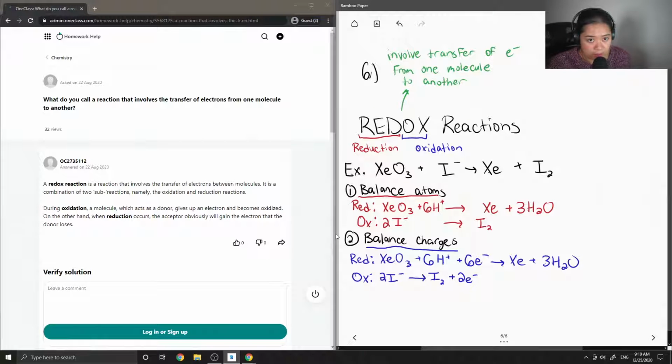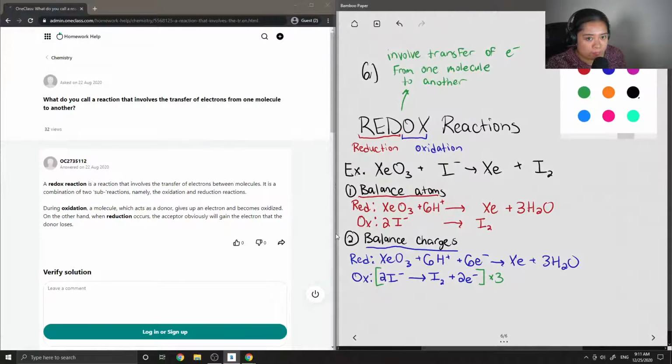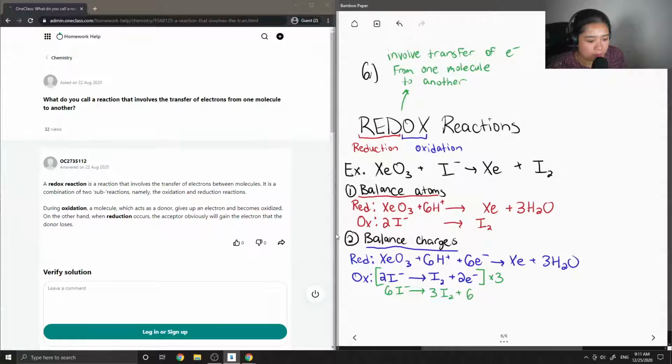So this is due to the law of conservation of mass. So we want our oxidation reaction to also have 6 electrons. So I'm going to multiply this whole thing by 3. By multiplying it by 3, this changes it to 6 I minus going to 3I2 plus 6 electrons.